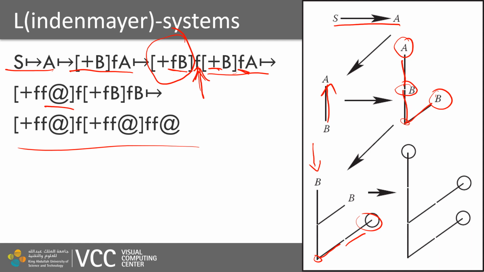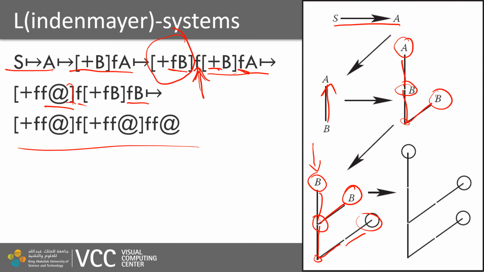Then we again pop all the transformations, and we have a new transformation, which is just F, move, and then we rotate at this position, and we move and place the B here. And the final step of this iteration step is to just go forward and have a B.